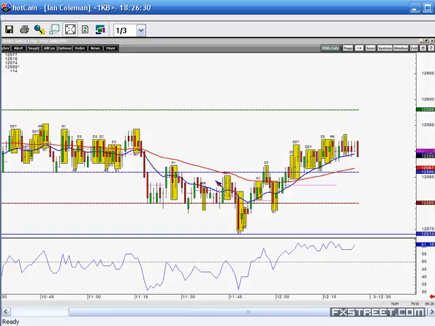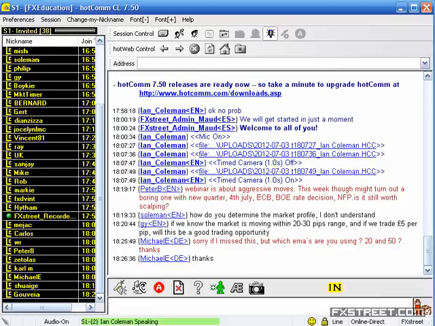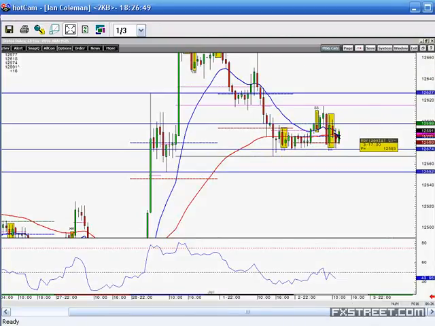So I'm using it as support and resistance, really, until we get a clear breakout of this range, 125.98, 125.74.